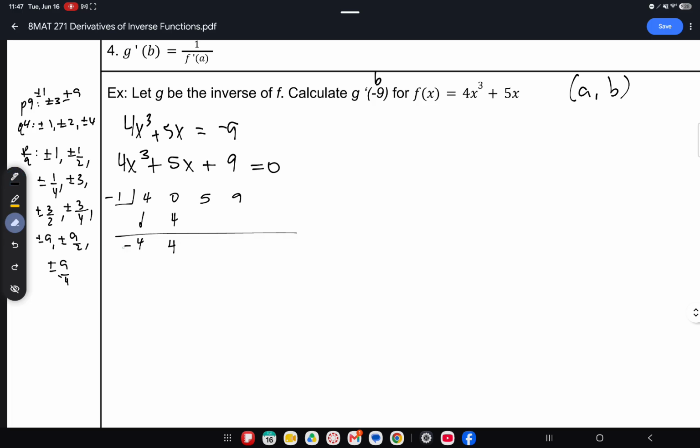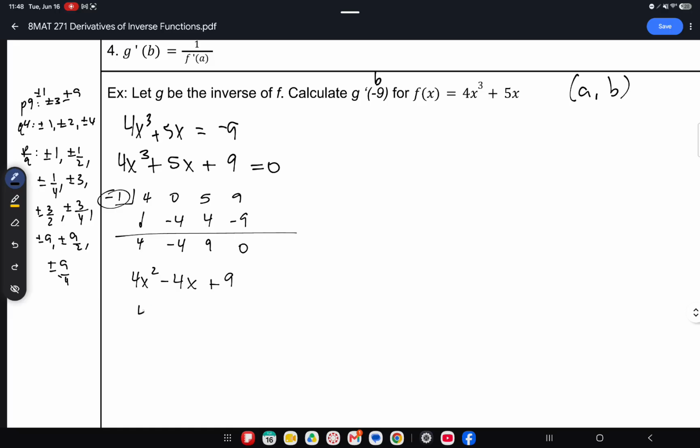That's -4, that's 4, that's 9, -9, 0. So I have a factor of x plus 1, which means a zero of -1. And the quotient would be 4x squared minus 4x plus 9.